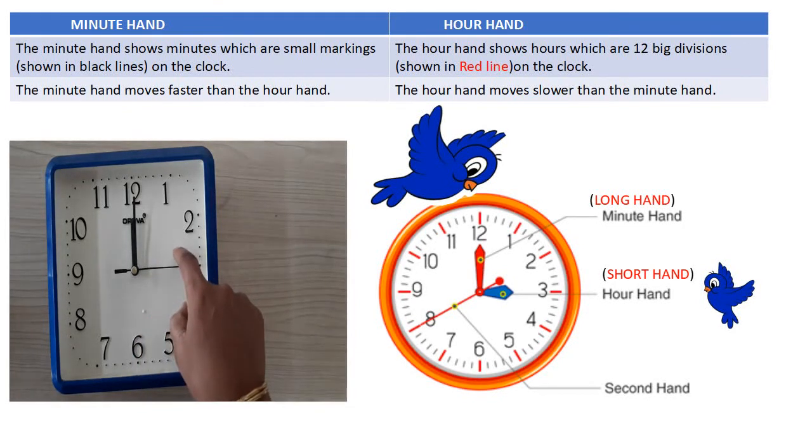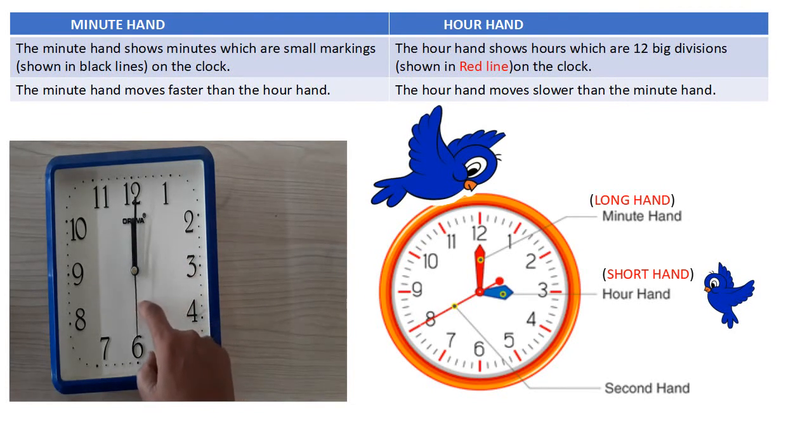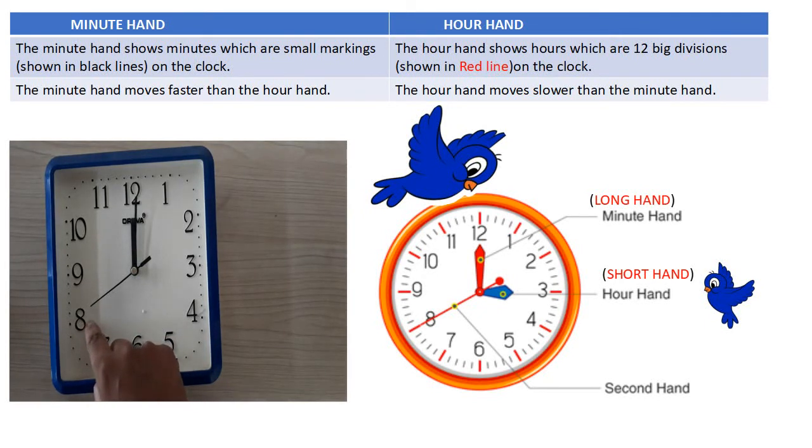If you want to check how many seconds the second hand has moved, say it is on 8, you have to multiply the numeral by 5. This gap you know is of 5.